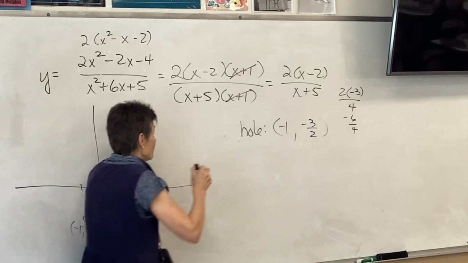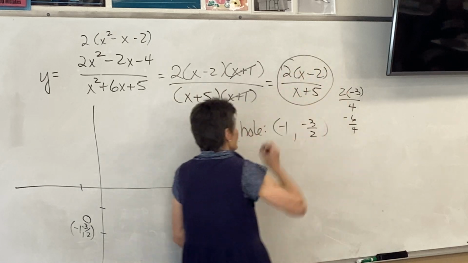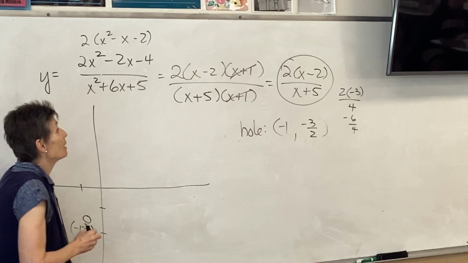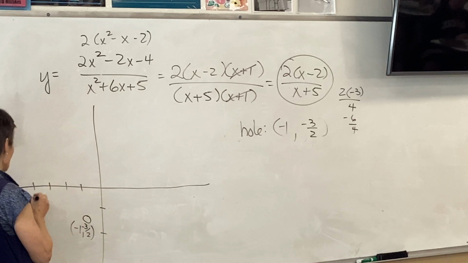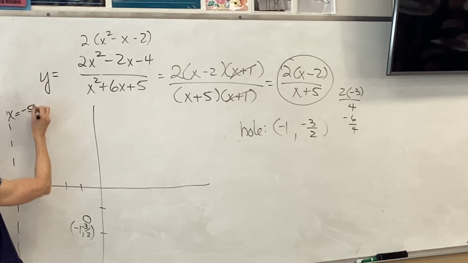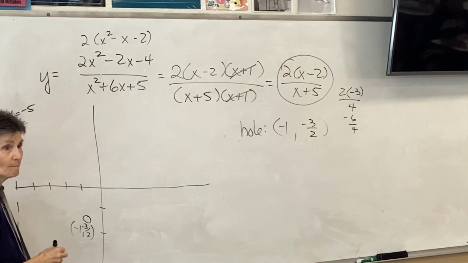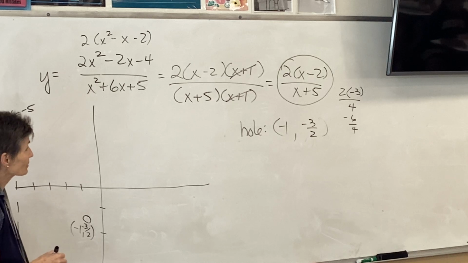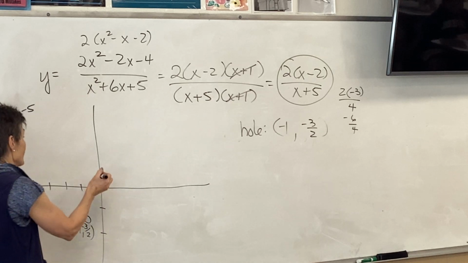Okay, now focus right here. What else can you tell from there? What else is going to go in my picture? A vertical asymptote at -5. So x equals -5. That's my vertical asymptote. What else? Horizontal at 2.